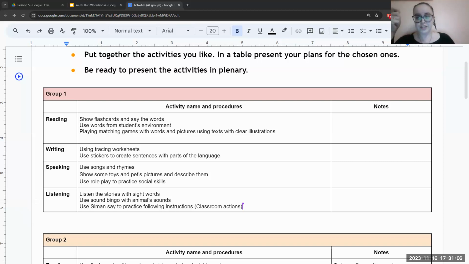Yes, we show the picture, and please describe what color is the pet, what color is the dog, what he can do, and the boy or girl must answer. Use role play to practice social skills.